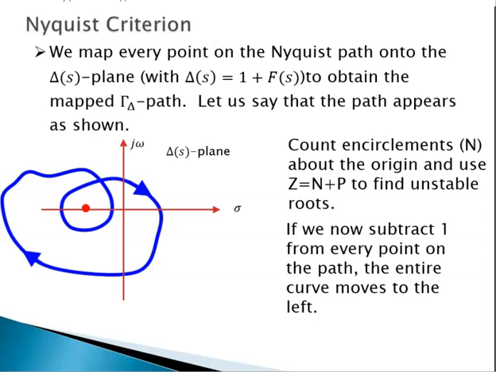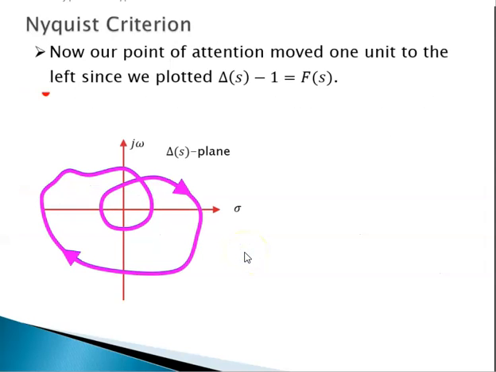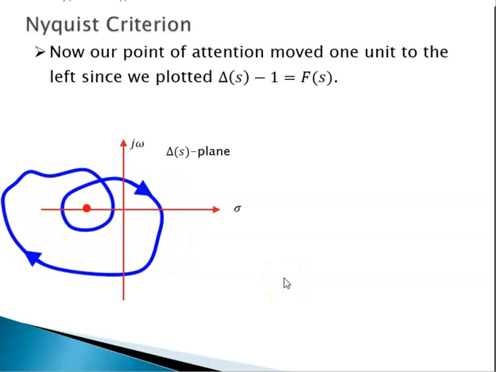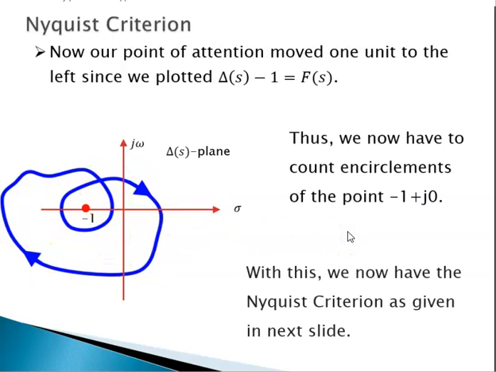Now we count encirclements about -1 plus j0, because the entire curve moves to the left by 1 unit. We'll show that once again. The point of interest now is the origin for delta S, and you move the entire curve 1 unit to the left, and now the point of interest is -1 plus j0.